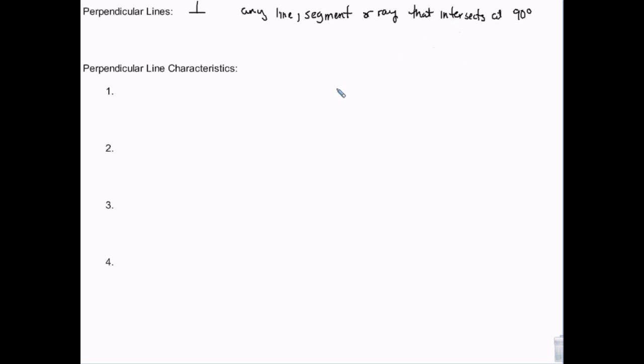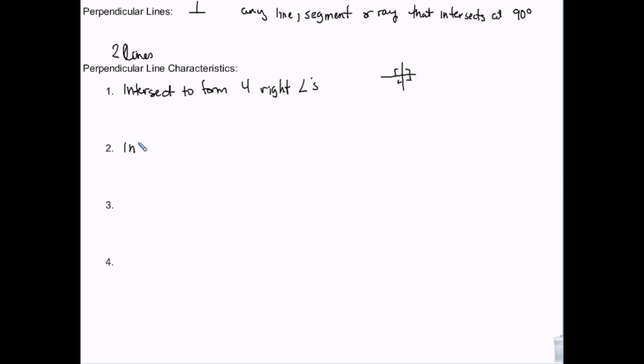Okay? So if you have perpendicular lines, this is when you have two lines. They intersect to form 4 right angles. So if I have 2 lines crossing, I get 4 right angles.